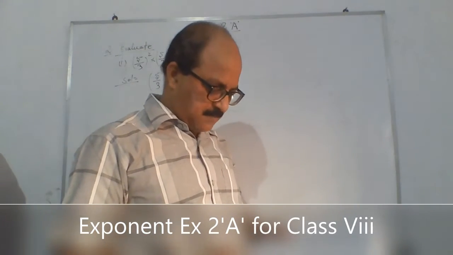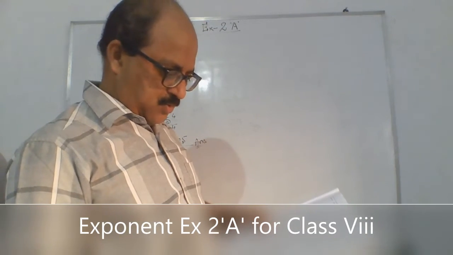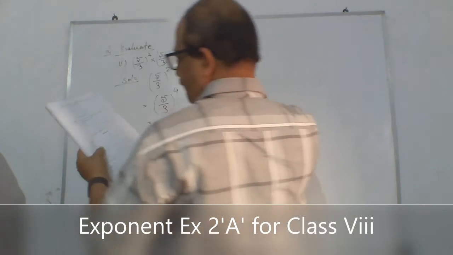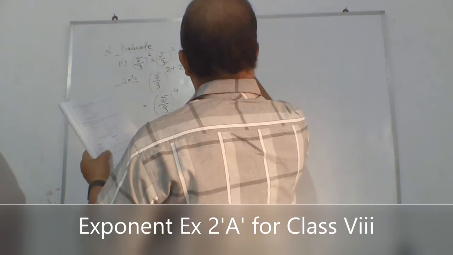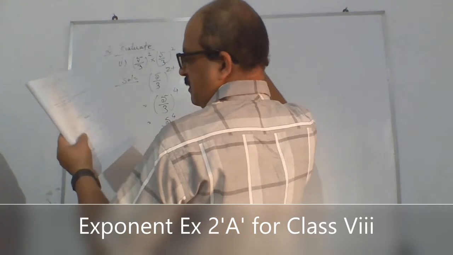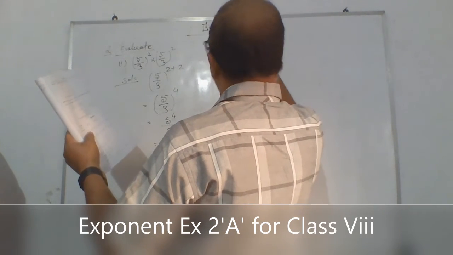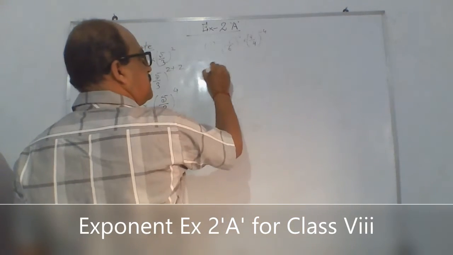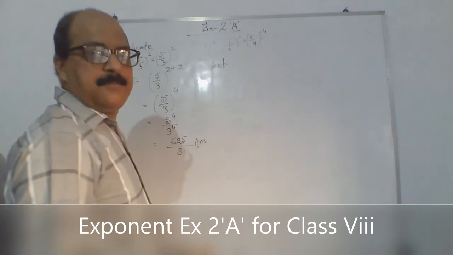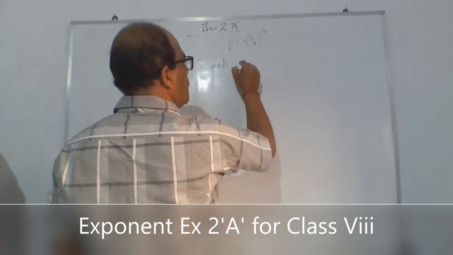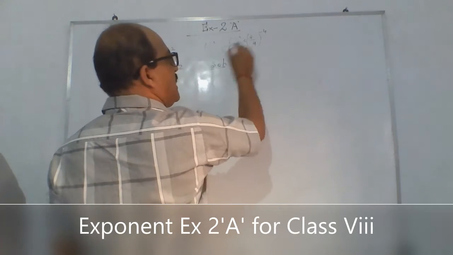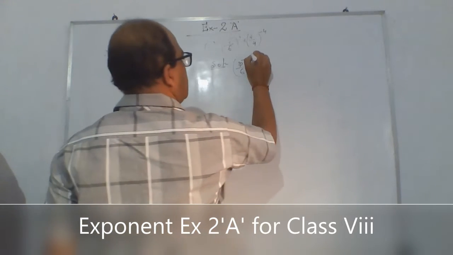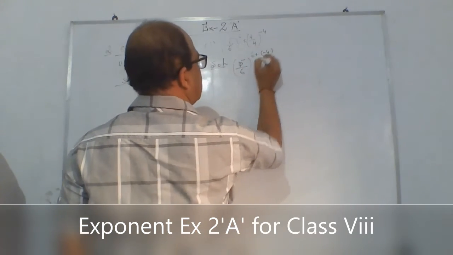And in question number 2 also, 5 by 6 to the power 6 into 5 by 6 to the power minus 4. In both cases, this is the common base, and their exponents will be added here.